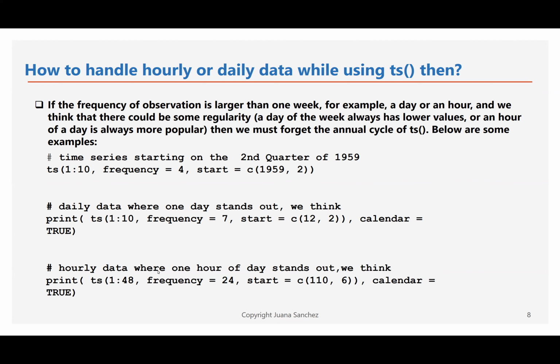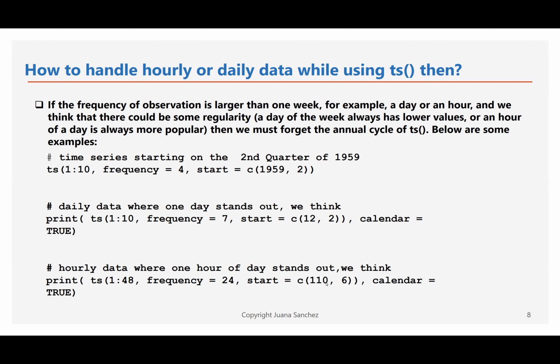If we have hourly data where 1 hour of the day we think stands out, for example, the rush hour, then we put TS, let's say we have 48 observations. We put a frequency of 24 for how many hours are in the day.